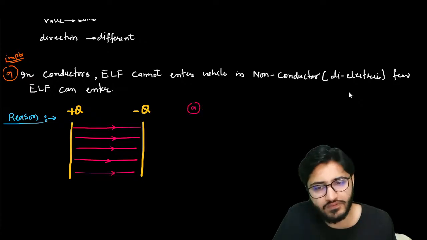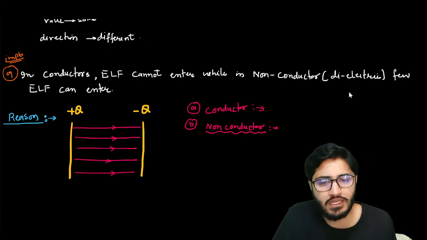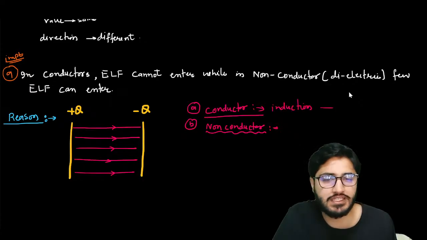First case, we have a conductor. Second case, I will put a non-conductor. One property that everybody should know now: in a conductor, if we talk about induction, there will be 100% induction.